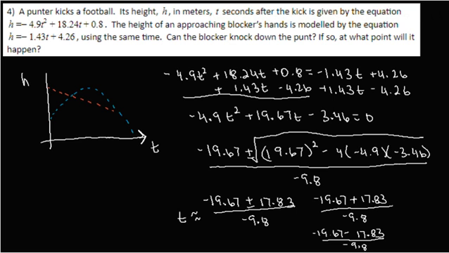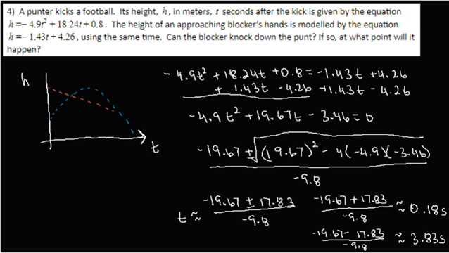Now both of these are negative numbers divided by negative, so both come out to be positive: 0.18 seconds, and approximately 3.83 seconds. How do we know which one is correct?